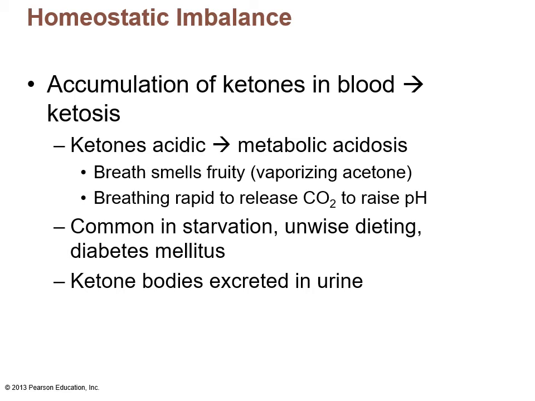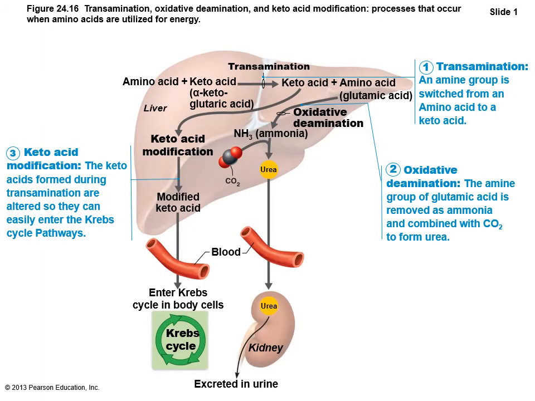So by getting rid of CO2, you'll raise the pH. And ketosis is common in starvation, unwise dieting, people that don't eat the right amount of nutrients, and also diabetes. Ketone bodies are excreted in urine, so you can pick it up there in a urinalysis test.